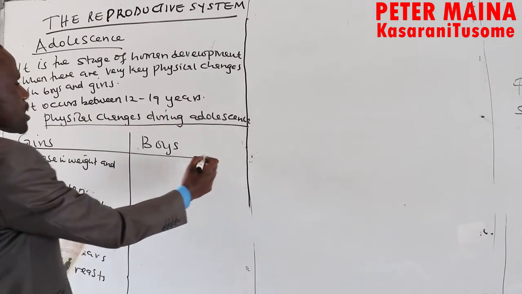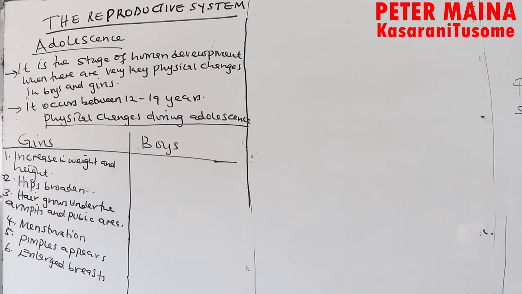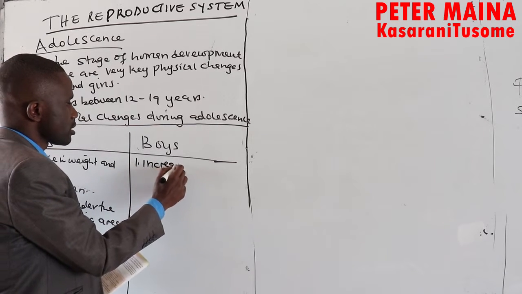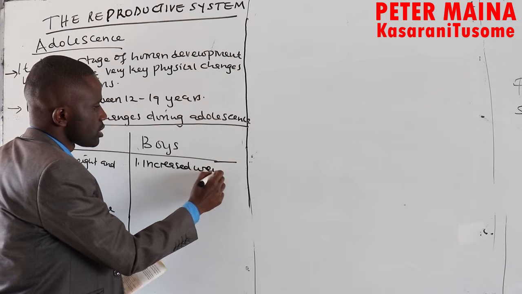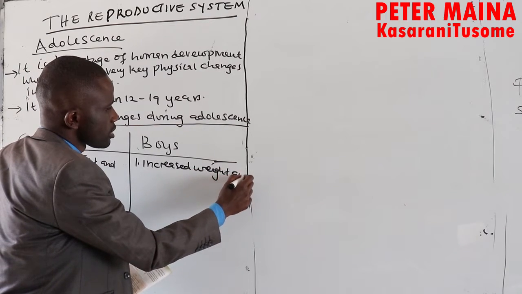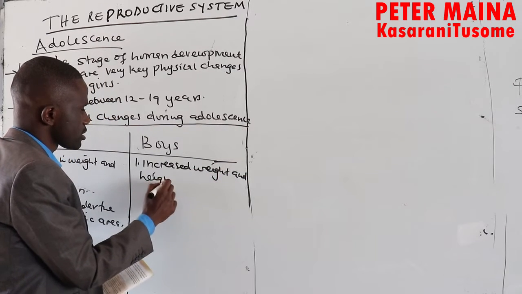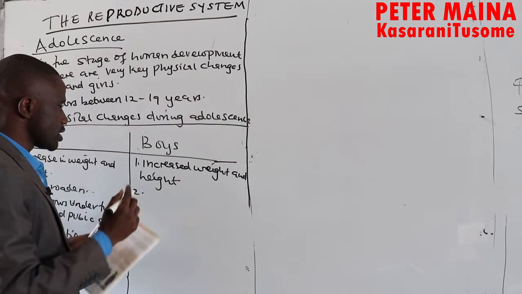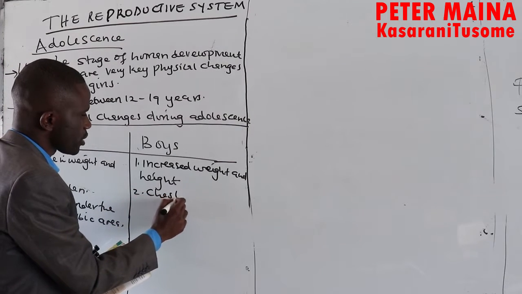Then in boys, what happens when they are in that adolescent stage? The same thing, increased weight and height. That's one. Number 2 is that chests broaden.